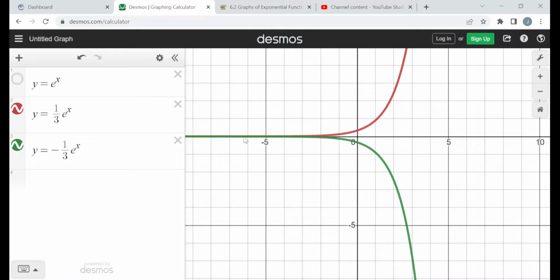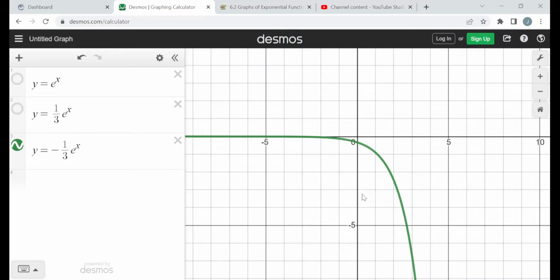I know it looks like it's touching the x-axis, but if you zoom in close enough, it's not. Now, instead of the range being all positive numbers, for this graph the range is all negative numbers.